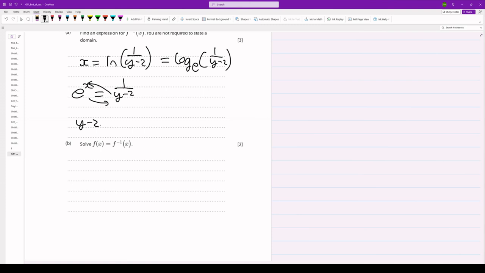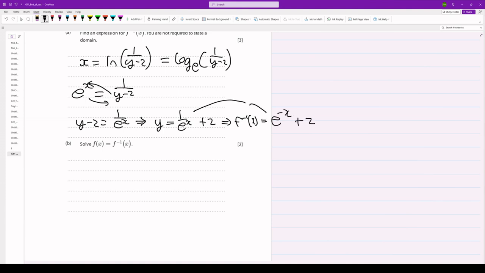So y minus 2 is equal to 1 over e to the x. Therefore, y is equal to 1 over e to the x, add 2. Ta-da! Therefore, f minus 1 of x is equal to e to the negative x plus 2.